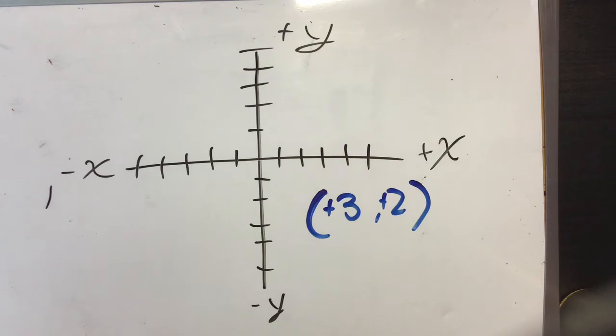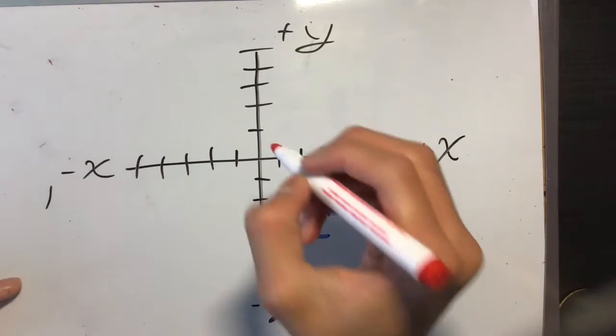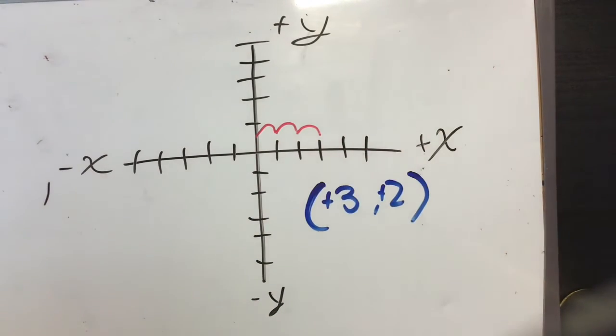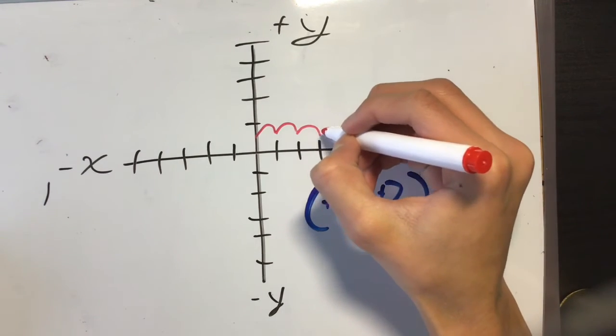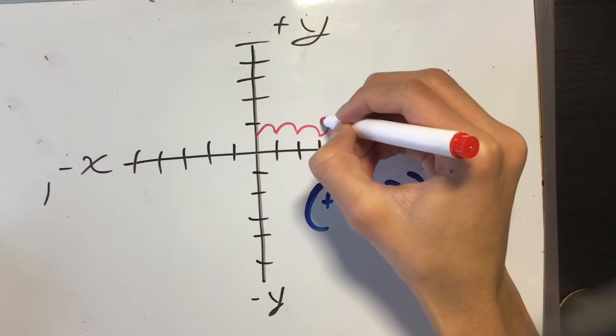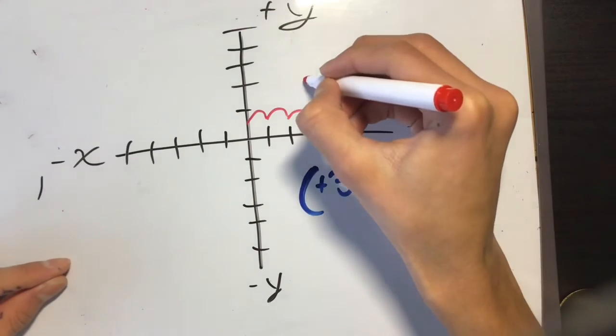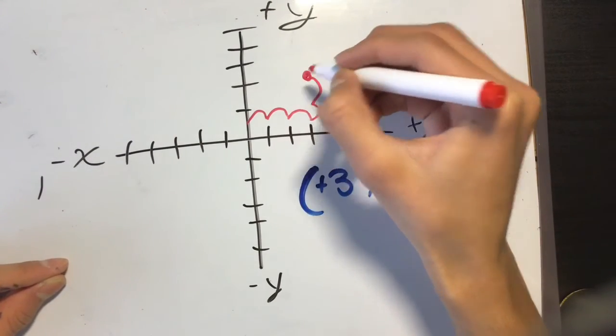Positive 3 pretty much means go in the positive x direction 3 times. 1, 2, 3. Right? And because we know it's a positive 2 and it's in the y-axis, we go to the positive y-axis. 1, 2. So the point would go right here.